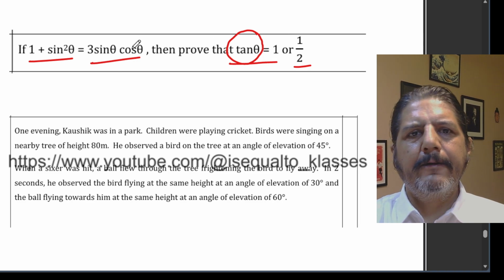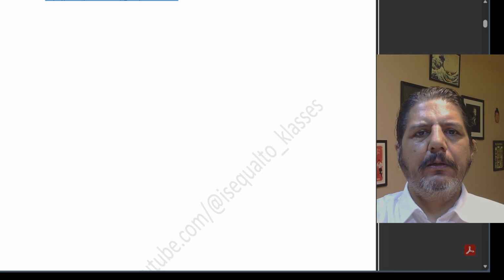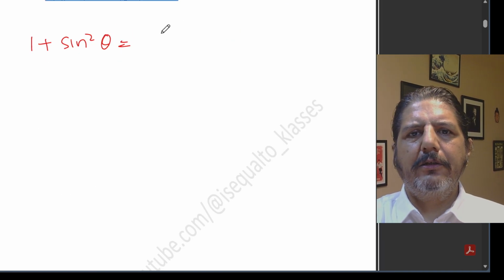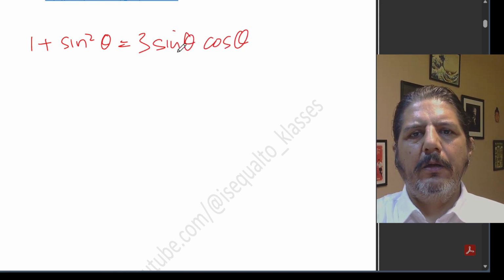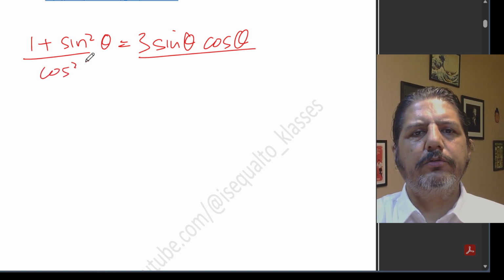So what I do is I take this 1 plus sine square theta equal to 3 sine theta cos theta. I divide the left hand side and the right hand side by cos square theta.